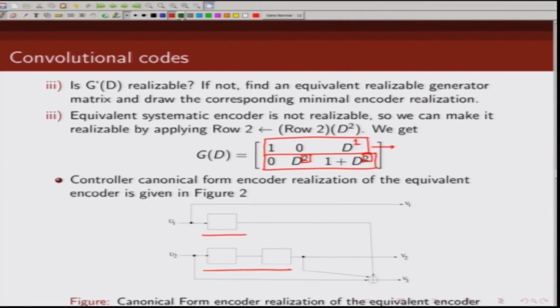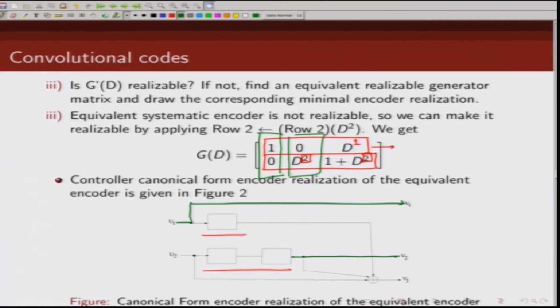And again, what are our outputs? There are 3 outputs. The first output is U1 times this, just U1. So, this is this. The second one is D square of U2, which is just this term. So, this is my second output.